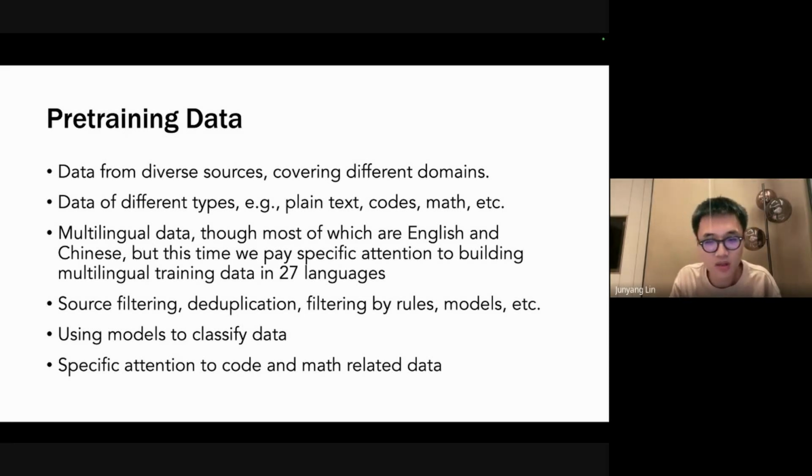And for the next part, maybe previously people did not care too much about it, is how to make your model good at code and math. If you believe there is a good correlation between coding and math and the model's reasoning capability, I think it is quite natural to come up with this idea. I think people have discussed a lot about it.